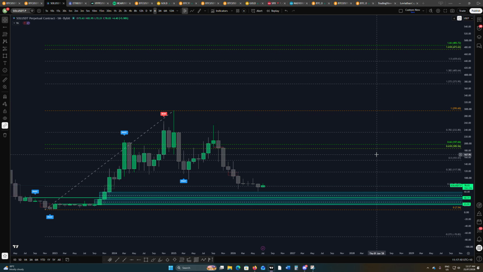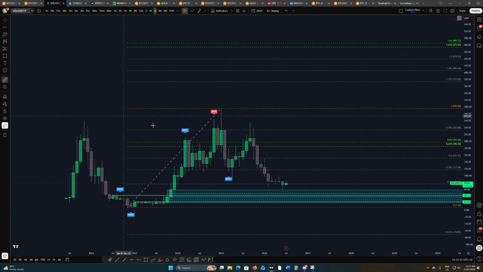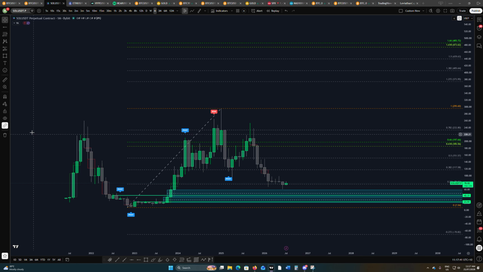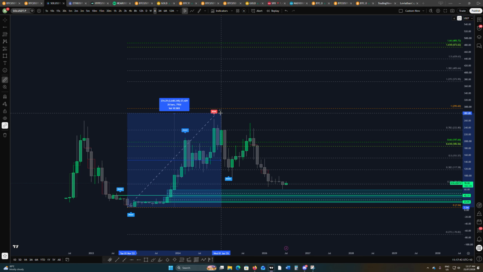So you consider that for a cycle, you can get 522%. So if we get to, well, say 500%, 570%, if we get to the 1.618, which I would think is reasonable. I definitely would think that's reasonable. I mean, from the low to this high is 3,000%, nearly 4,000%, 3,800.